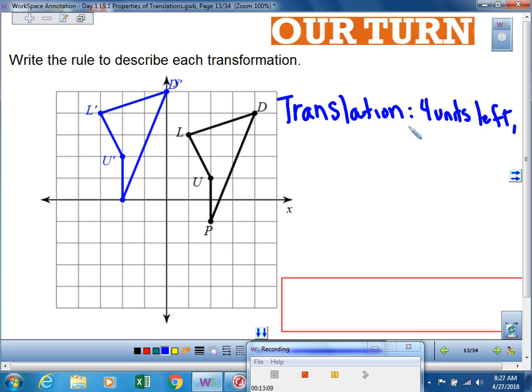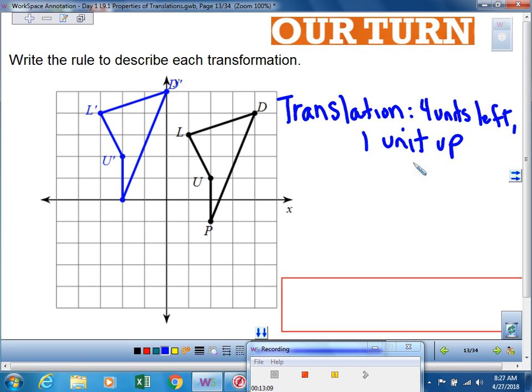Ideally you would want these on the same line, but I ran out of room. Now you can say up 1 unit, I'm fine. You know, left 4 units, but just don't say left 4, up 1. I don't know what that is. I mean, 1 mile, 1 yard, what? 1 unit. Okay? So that is the rule in words.